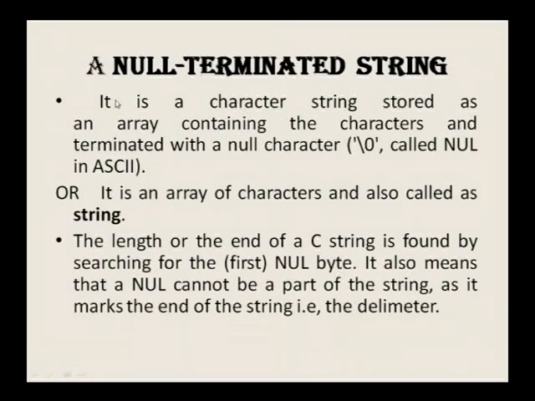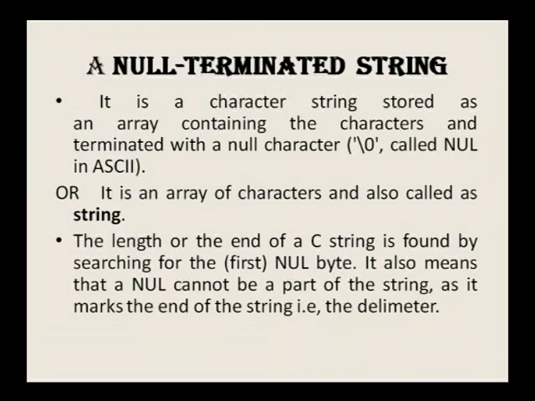So basically, what is a string? A string is nothing but an array of characters. It is a list of characters which could be stored sequentially in memory locations. Here it is a character string stored as an array containing the characters, and always this string must be terminated by a delimiter.